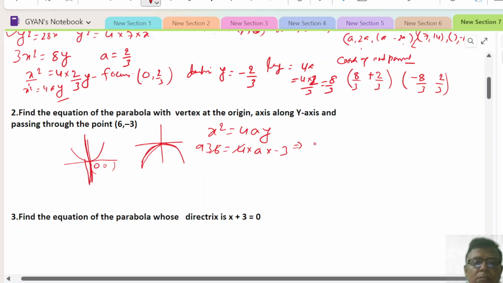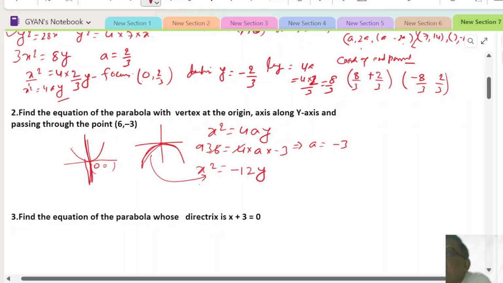So a is equal to minus 3. So equation will be x square is equal to minus 12y. So this will be the equation. So obviously this equation is this type, because that is negative.